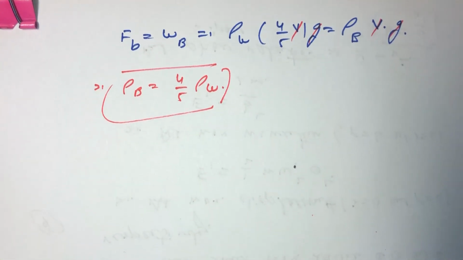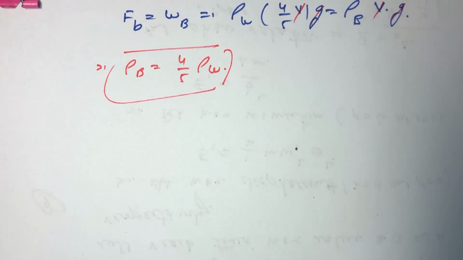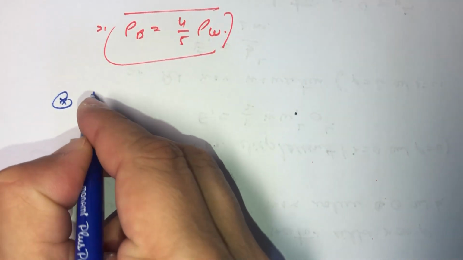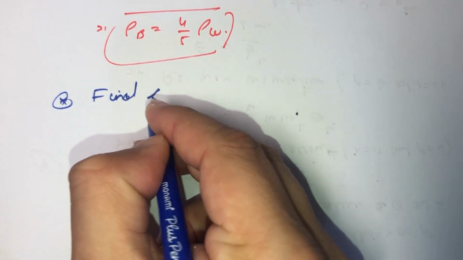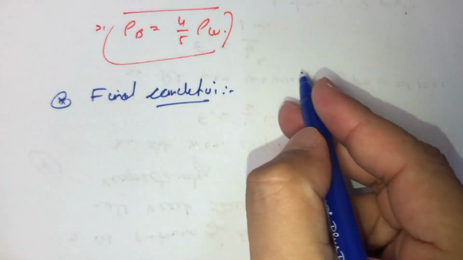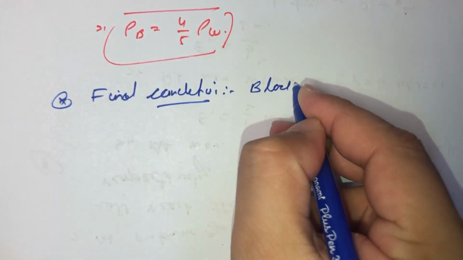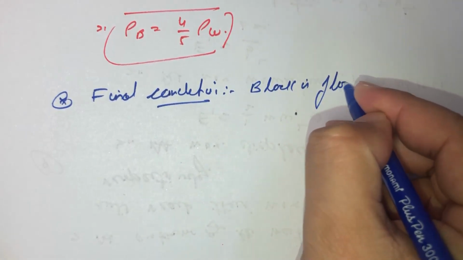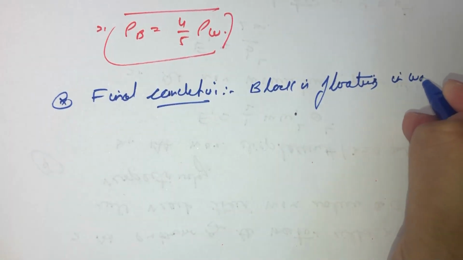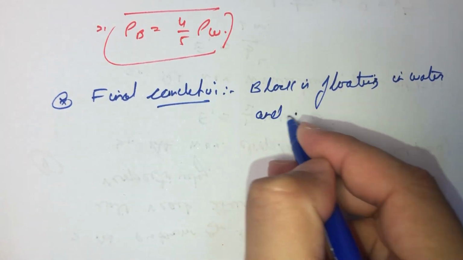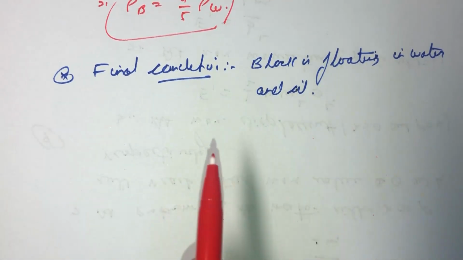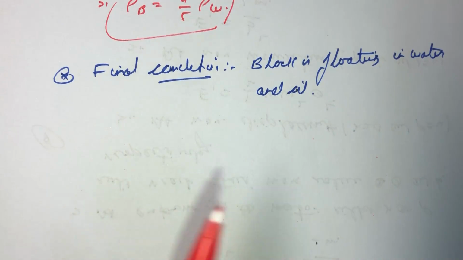Now we come to the final condition, when the block is floating in both water and oil. The block is floating in water and oil, and it is given that it is half submerged in oil and half submerged in water.